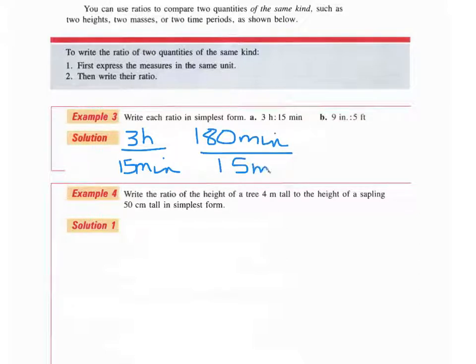And now that I've converted both the numerator and the denominator into the same unit, now I can simplify the ratio. And I can divide them both by 15, and this is going to give me 12:1. And again, you could write it with TO, with a colon, but you would leave that 1 there. So 12:1, or 12 divided by 1.